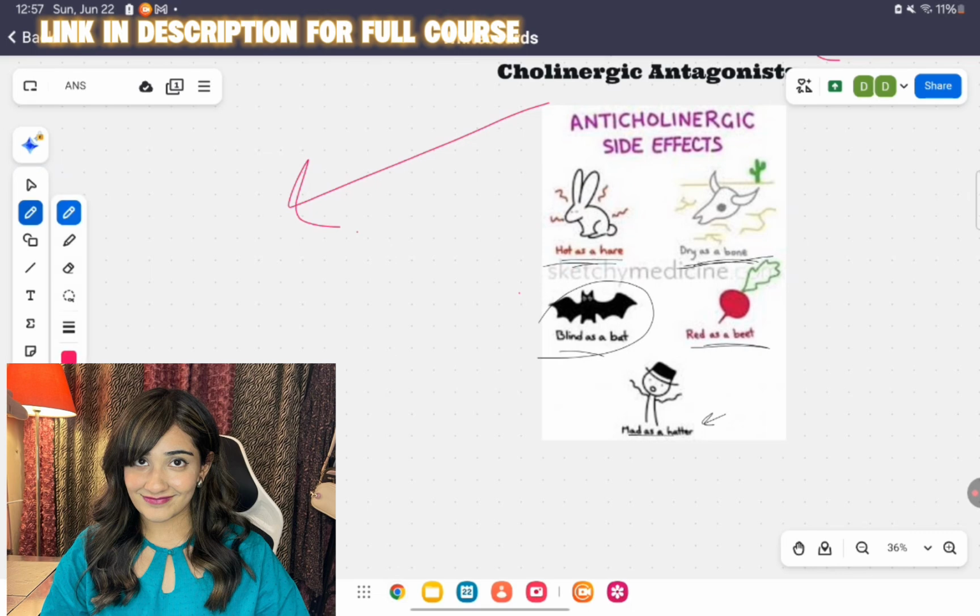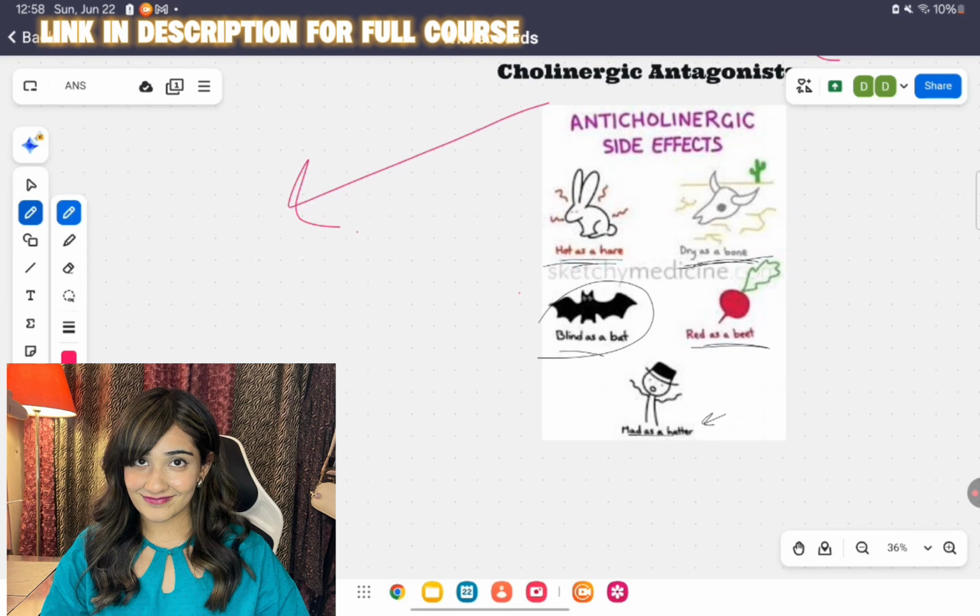I hope that's a word. Undermine the side effects. So if it says hot as a hare, just say high temperature of body, fever, dry as a bone, decreased salivation, blind as a bat, minor blurred vision, mad as an apple, sleep disturbances. No need to say hallucination. That might be like too much, right? So we have to undermine the things. That's how you work, right?